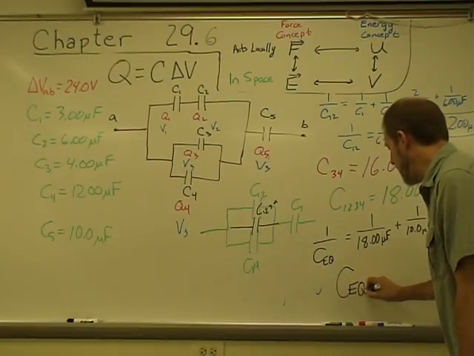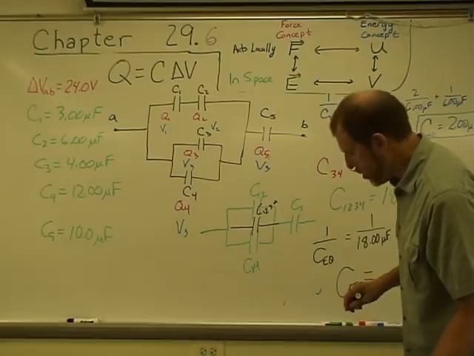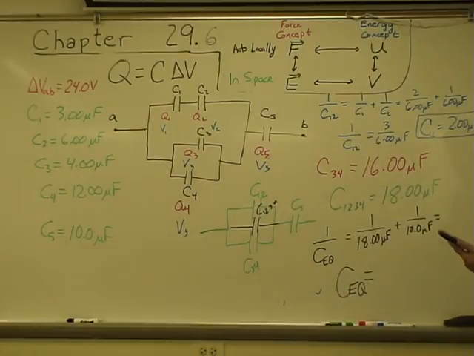So the equivalent capacitance of the whole shebang is equal to 6.429, keeping an extra significant figure here because I'm in the middle of a problem, microfarads.